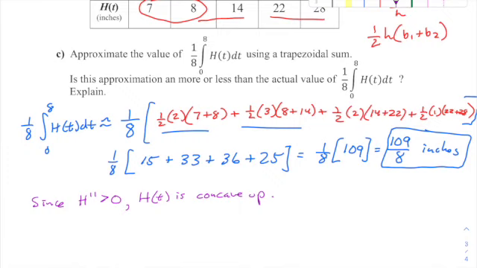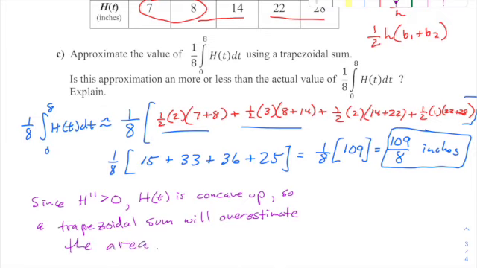And if the graph is concave up, a trapezoidal sum will overestimate the area, which is the value of the definite integral.